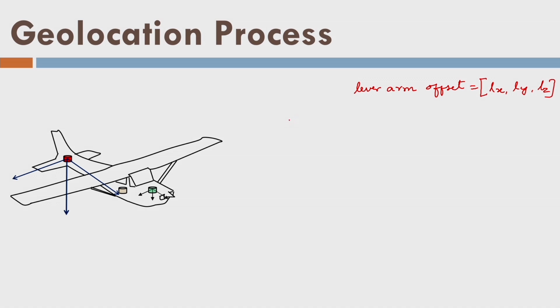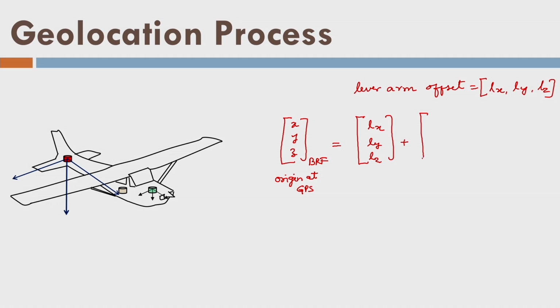So, now I can write here x, y, z of the body reference frame origin at GPS is equal to Lx, Ly, Lz plus x, y, z of the body reference frame origin at scanner.